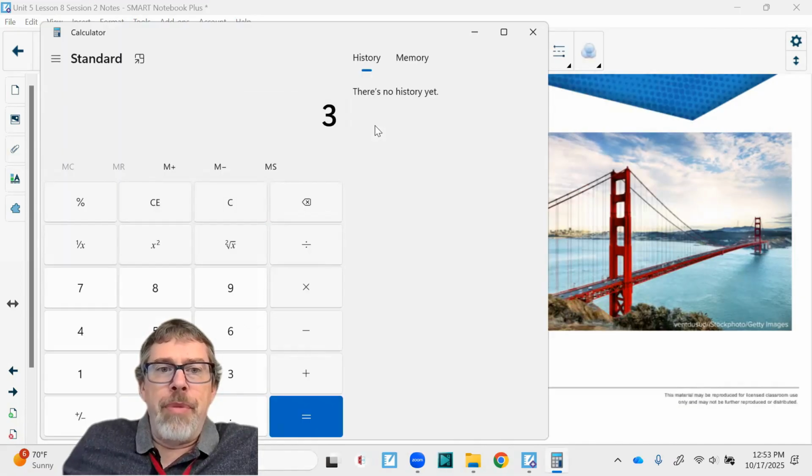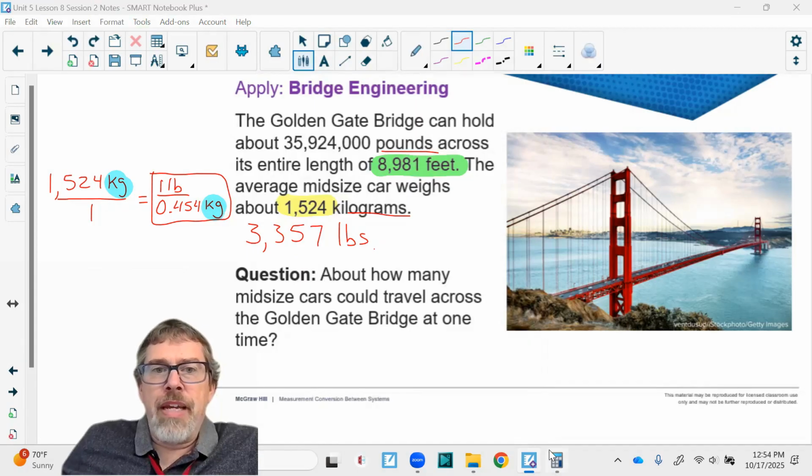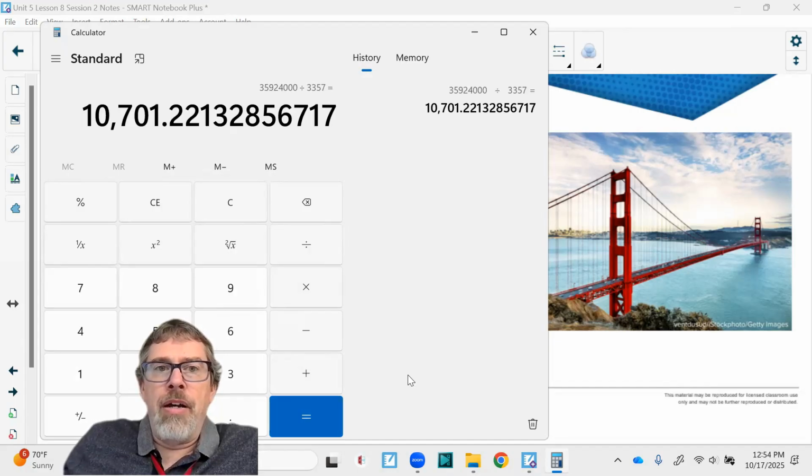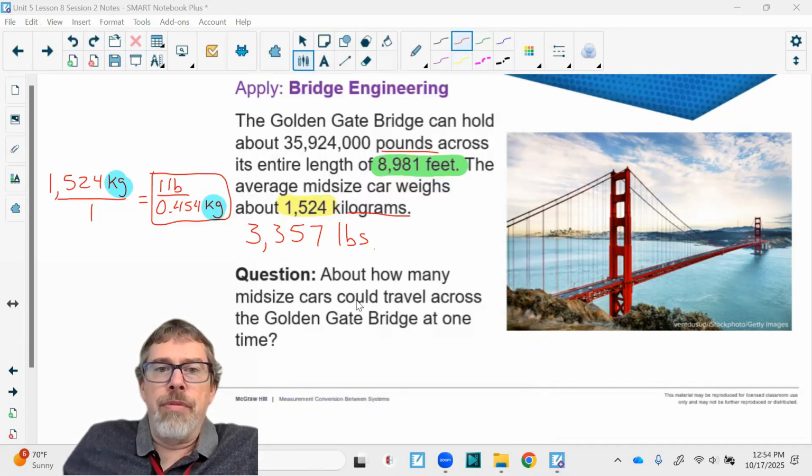So it's 35,924,000 divided by 3,357, one car. And that will tell us how many cars can be on the bridge at one time. And it's 10,701.